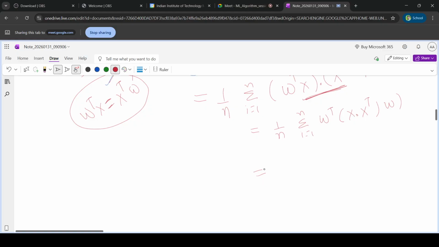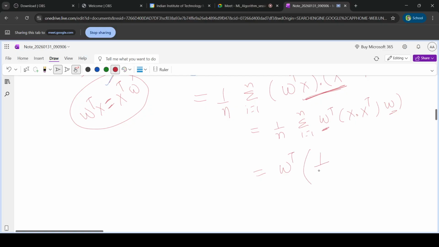So here the point is, we now understood that these are not changing, so we can take this W out, W transpose.